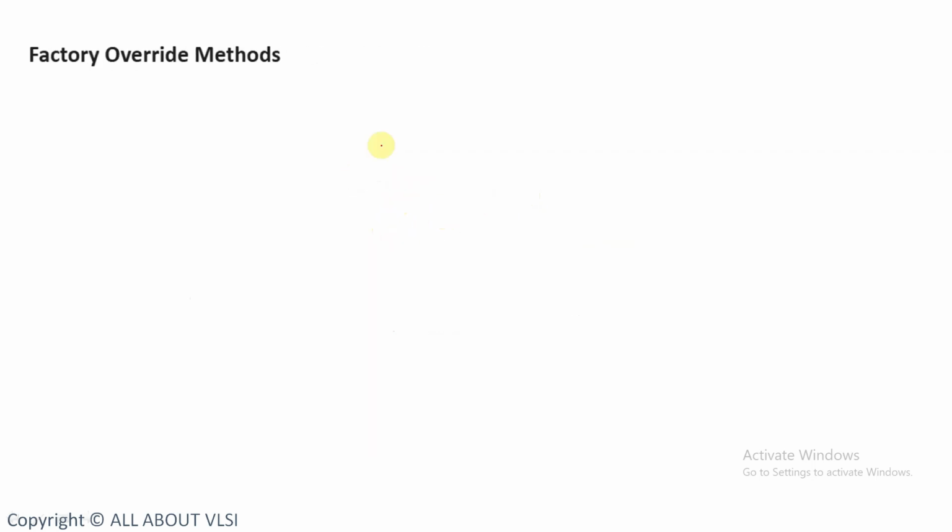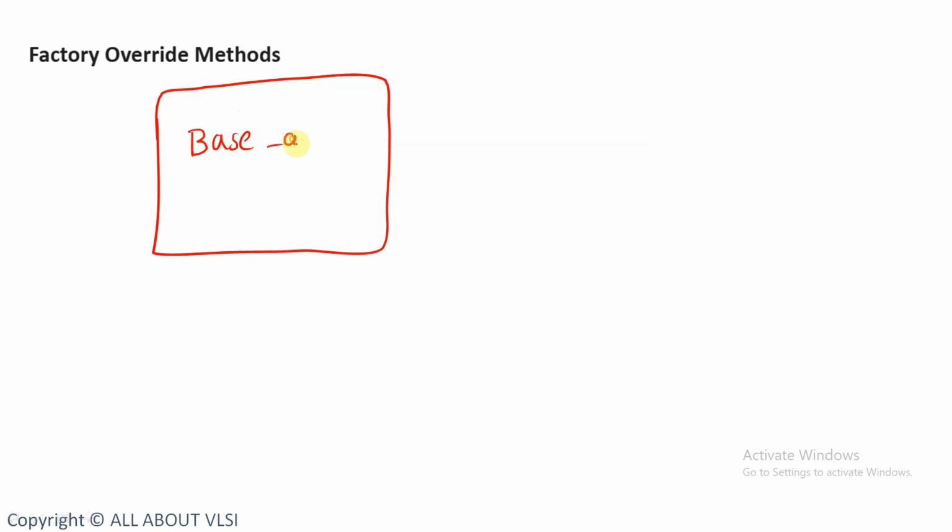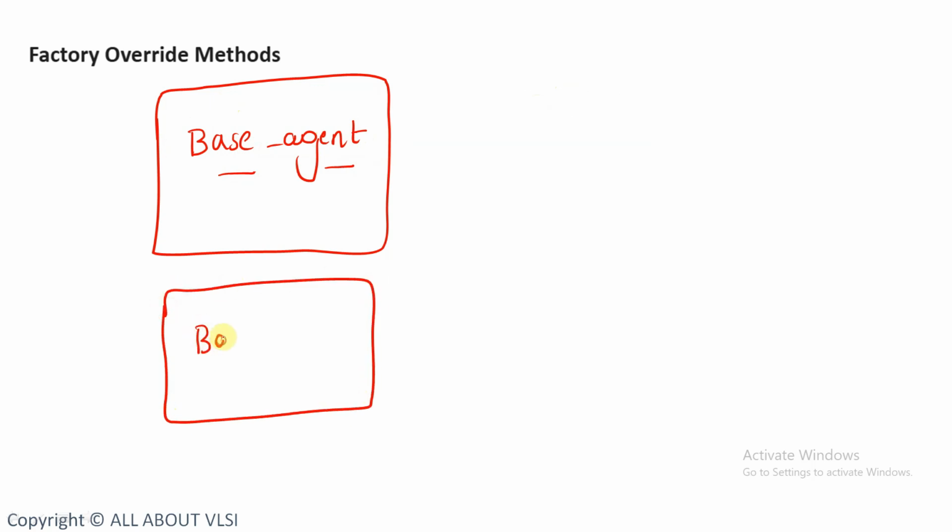Let's see, after registering your components or objects, and after creating the instances, how to override your components. For example, let's say we have an agent class known as base agent 1, and one more class known as base agent 2.